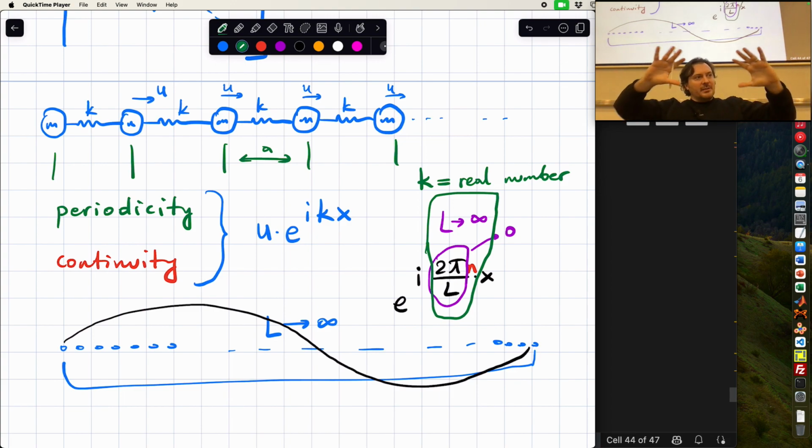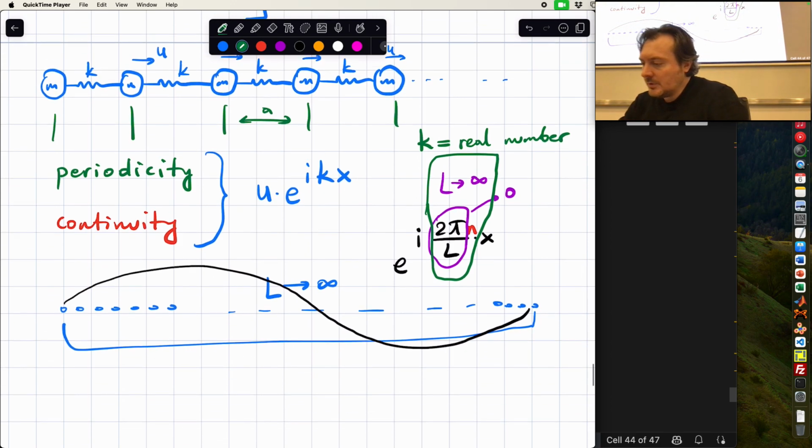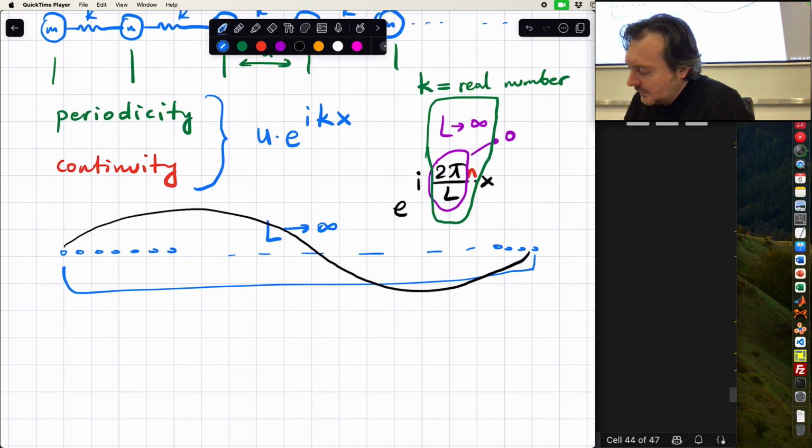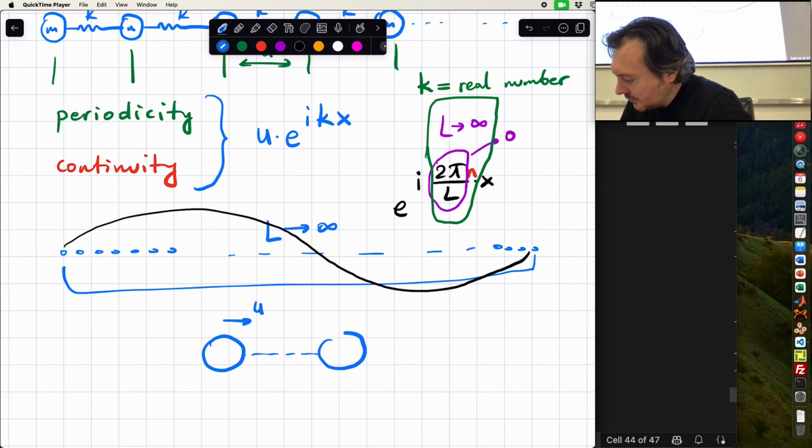We looked at it in macroscopic scale. From far away, it was an infinite chain. Now let's go back and look at it closer again. What we have done to it, we said that, let's say this is u, and this one is going to have u times e to the i k a, because this distance is a, right?